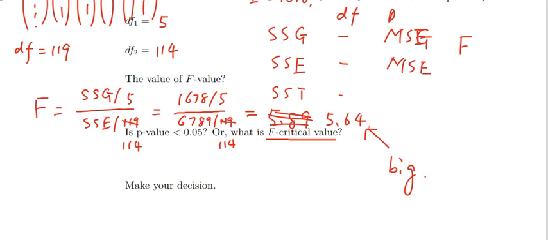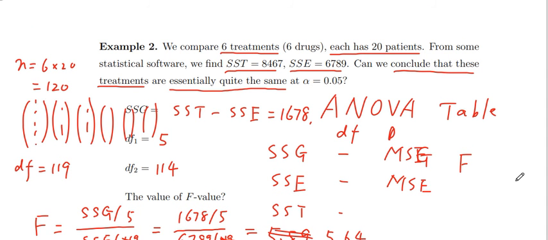Then our conclusion is that these 6 drugs or 6 treatments do have a difference. Then we can check further in which way the 6 drugs differ. Maybe drug 1 and drug 2 are quite the same, and drug 3 and drug 4 are quite the same.